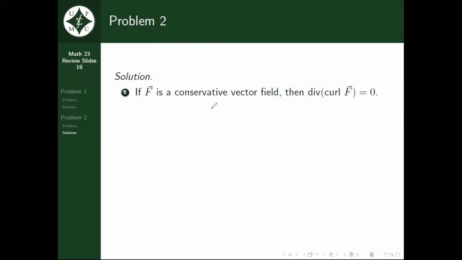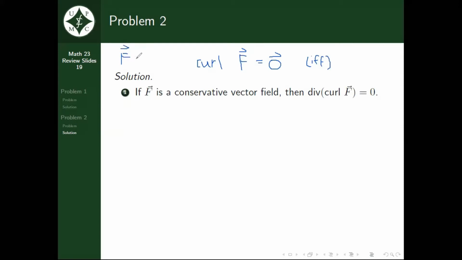From a theorem, if f is a conservative vector field, then it should happen that the curl of f is equal to the zero vector. Actually, this is an if and only if, but the if direction holds.